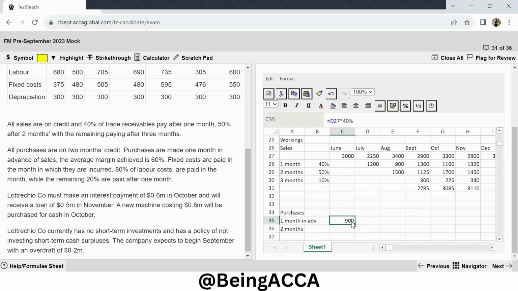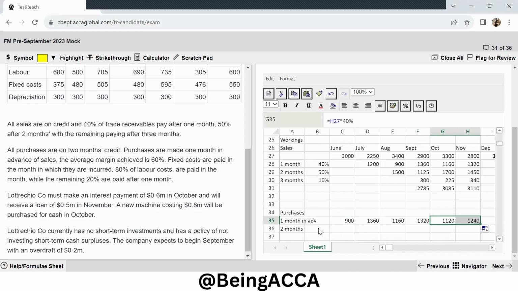So again, similarly, I can work this out for all of these months. Let me see if I get the correct values over here. Yes, so I can just drag this till November also. Right. So with this, I have my purchases.